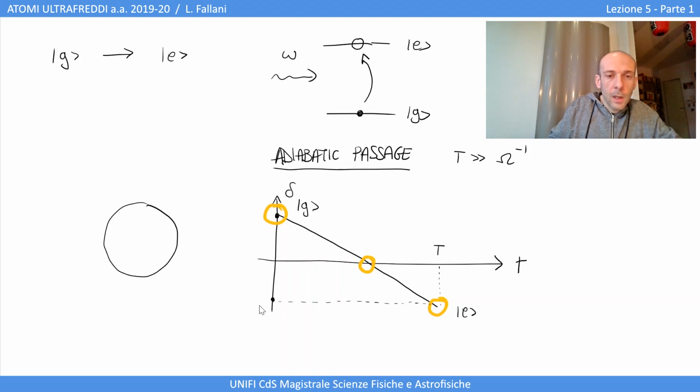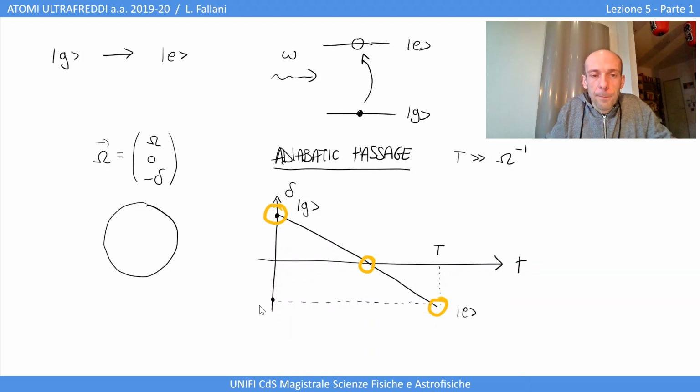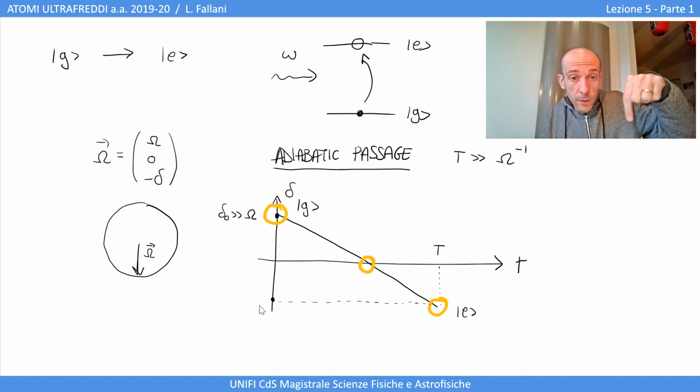In the Bloch sphere, very large delta means that the omega vector is defined in this way. Basically, if the initial delta, let's call it delta 0, is much larger than omega, this omega vector will point initially downwards to the south pole of the Bloch sphere.